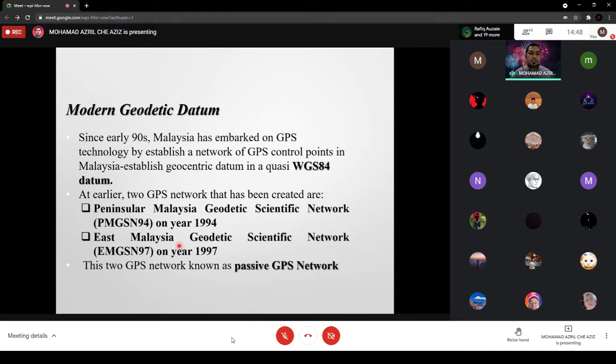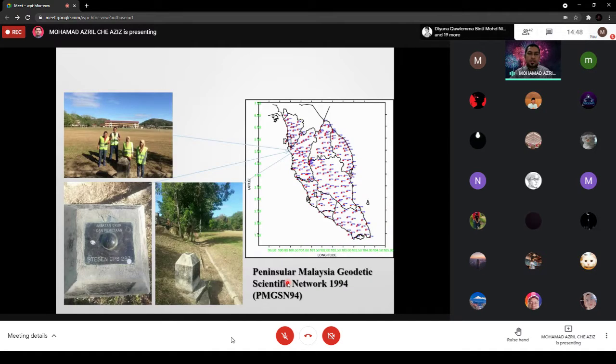You will see the PMGSN 94, and you will relate it to what you have learned in this class. These two GPS networks are known as passive GPS networks. During this class, I explain starting from the classic and then modern until you are introduced to the GDM 2000.